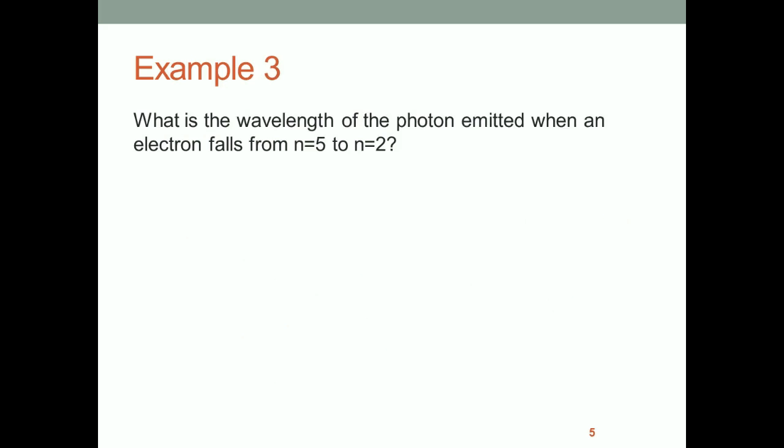Example 3. What is the wavelength of the photon emitted when an electron falls from n equals 5 to n equals 2? To do this, we use this formula.